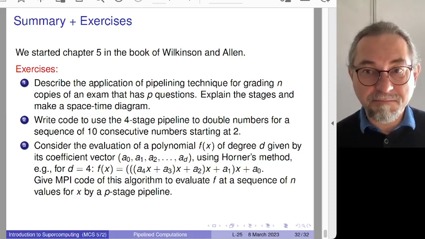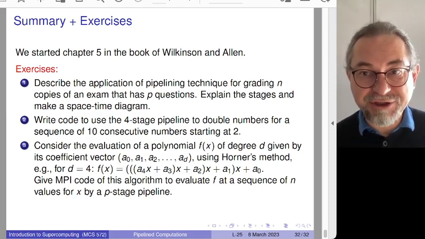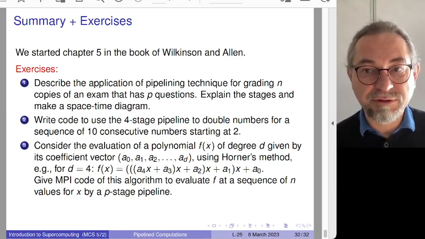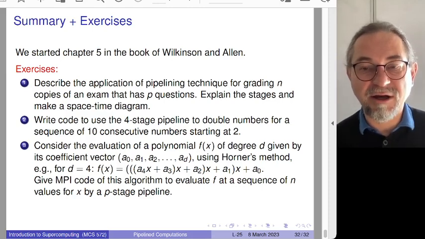For shared memory, we have the introduction of extra parallelism, so the functional decomposition, where you could have the pre-processing, the processing, and the post-processing as a very natural three-stage pipeline.